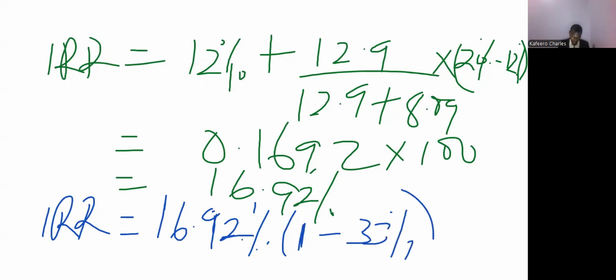So this is going to give you 11.33%, and that's going to be your cost of the convertible debt. So that's basically what we wanted to look at for the cost of a convertible debt.